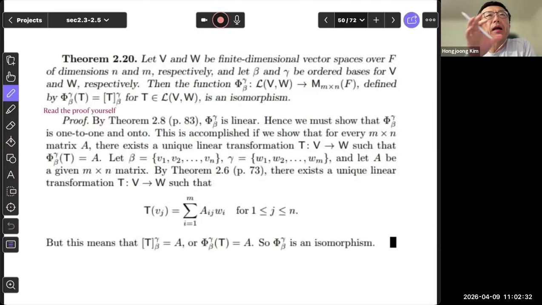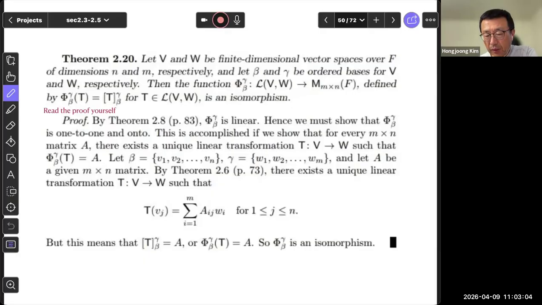Now, in theorem 2.20, suppose that V and W are finite dimensional vector spaces over the same scalar field F, but suppose that V and W have possibly different dimensions, say n and m. The domain is an n-dimensional space, and the codomain W is an m-dimensional space. And let me consider two bases, beta and gamma, for the domain and codomain.